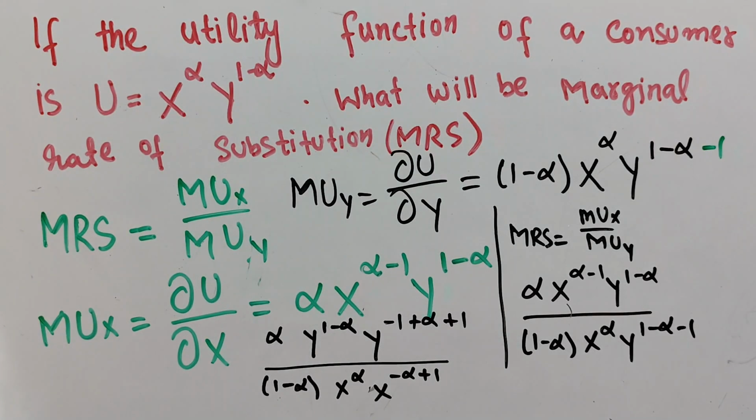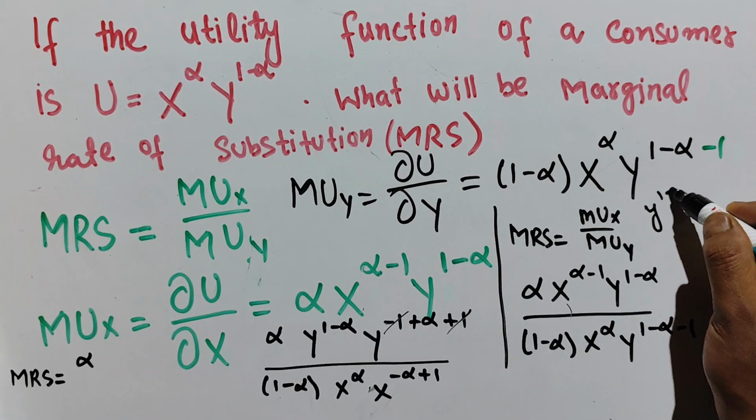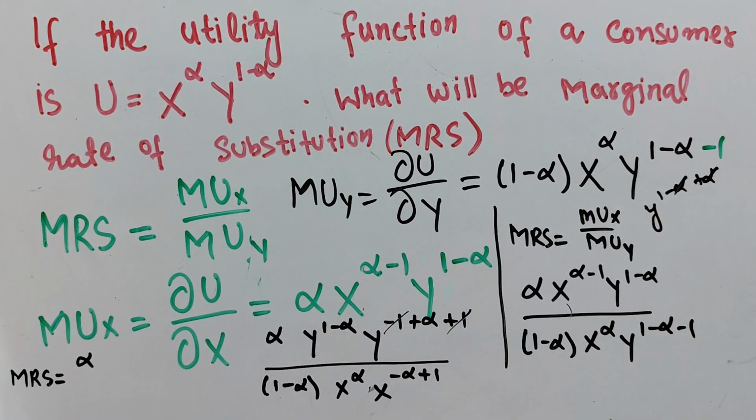Okay, solving further, MRS will be equal to alpha here, and since the bases are the same, we can add up the exponents. First this gets cancelled, then we have y raised to the power 1 minus alpha plus alpha. Alpha gets cancelled, we are only left with y in the numerator.